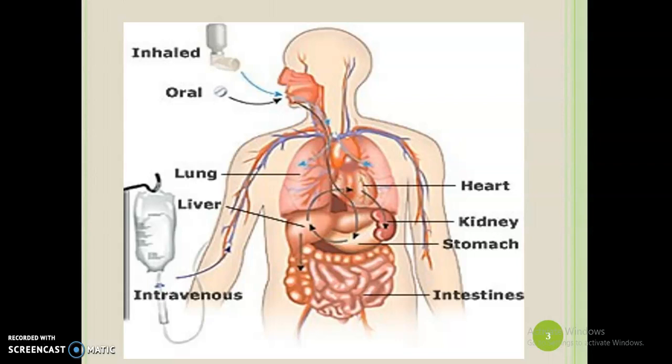The ions of the drugs which are not absorbed from the ileum are absorbed through the cecum. Obviously, the absorption is through the small intestine. Then the drug is absorbed into the hepatic portal vein. After absorbing into the hepatic portal vein, the drug is distributed into the different parts of the body.